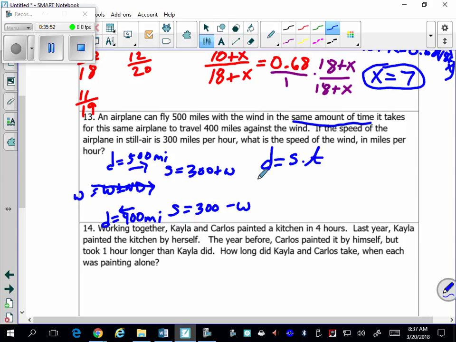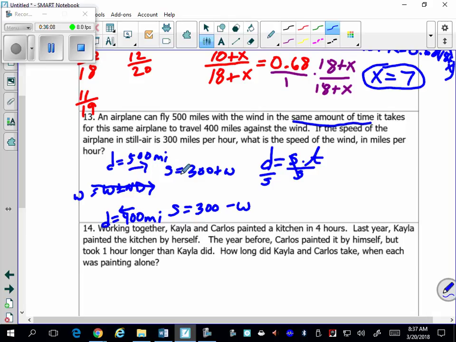So if you set each, going with the wind with distance over speed and against the wind with distance over speed, and we say that the amount of time is the same on both, they're going to end up being equal to each other.